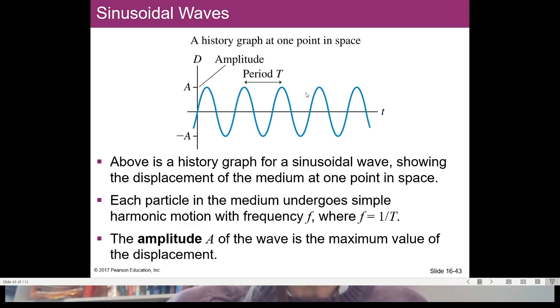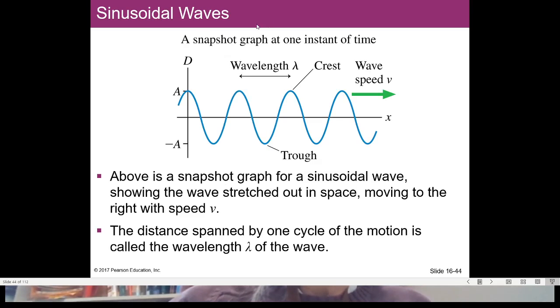Notice here, if d is plotted as a function of t, the distance between any two crests is the period, because that's the time over which the wave has to travel in order to repeat itself. This is a period. This is a wavelength.